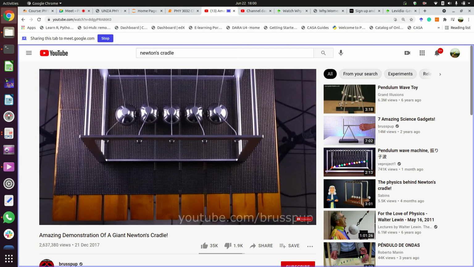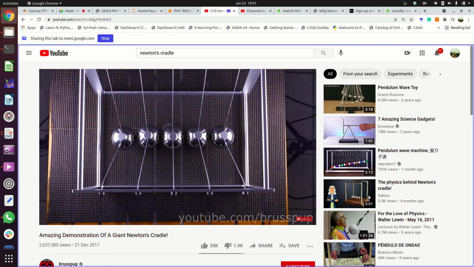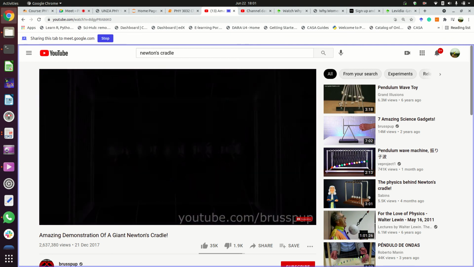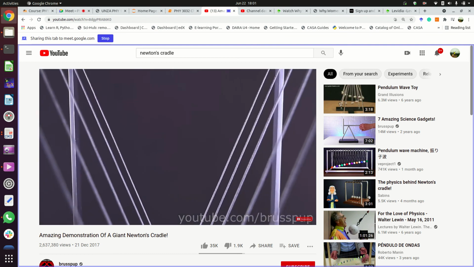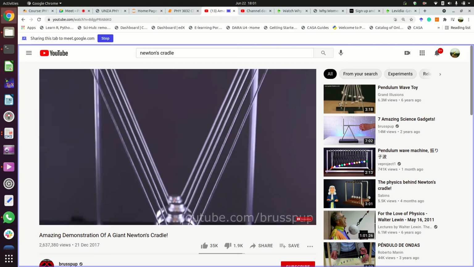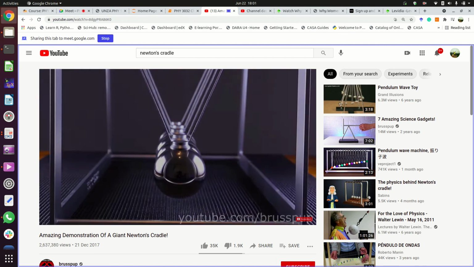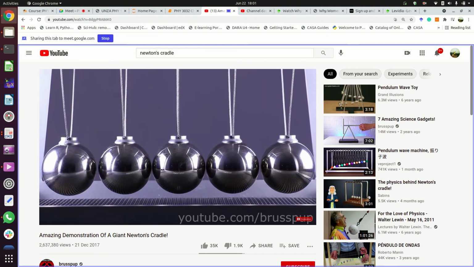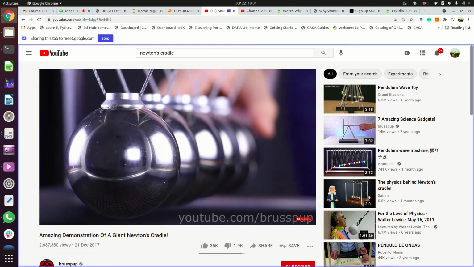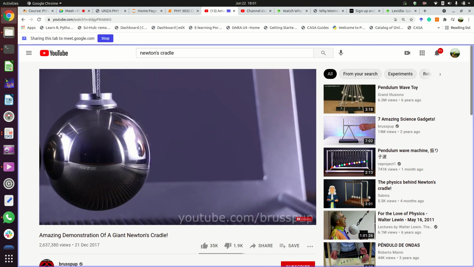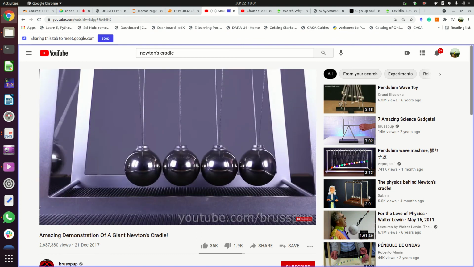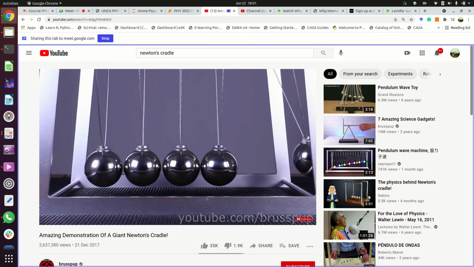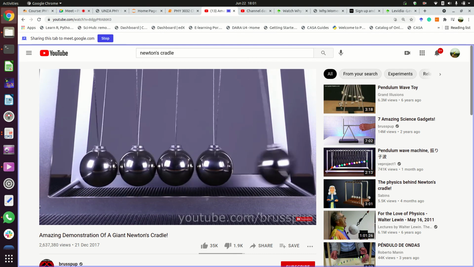So these things are going to be exchanging velocities. So what you're seeing is an exchange of velocities.